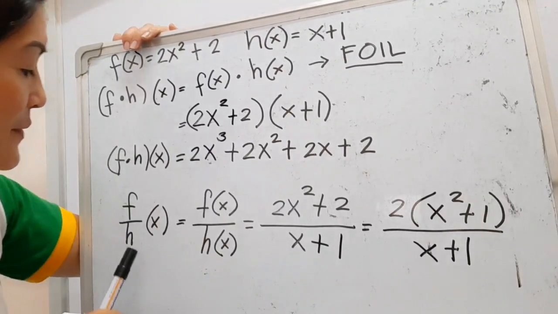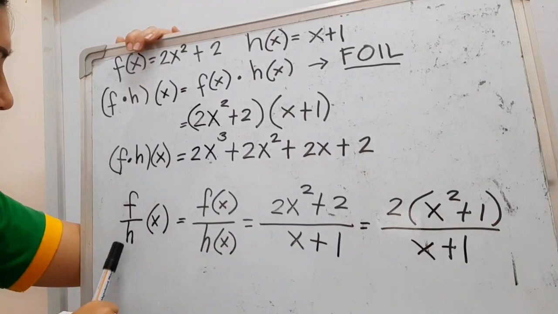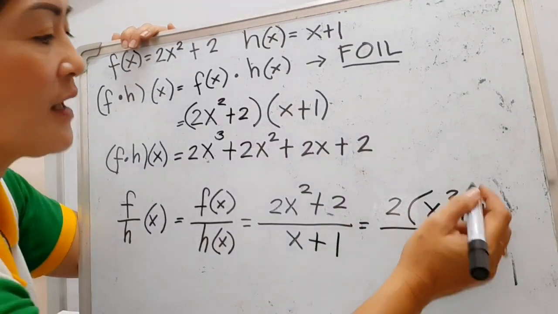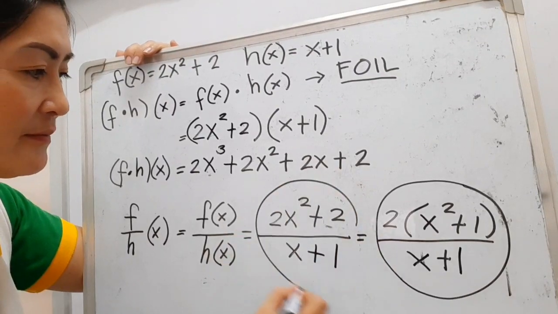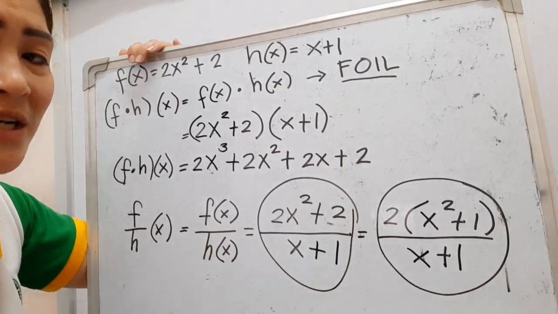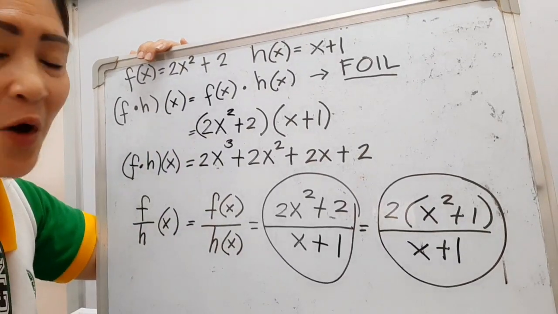So if we are going to divide the two functions f of x and h of x, the result is this one, or just this one. Okay? There are no terms that can be divided out. Right? So we are done with the 4 operations.